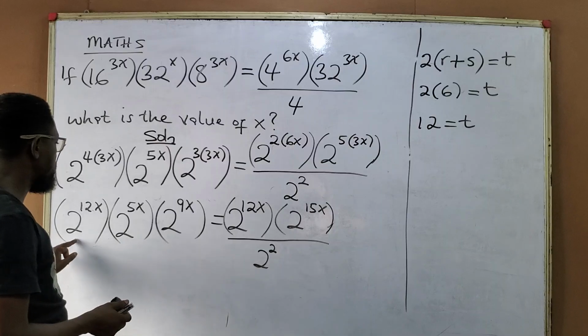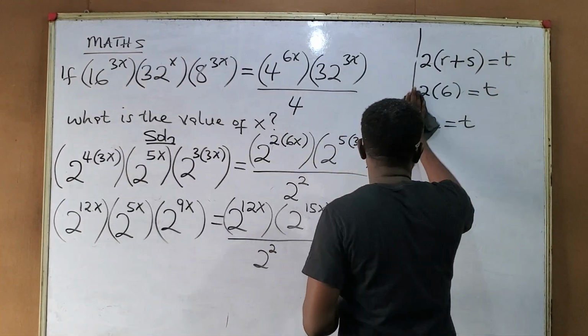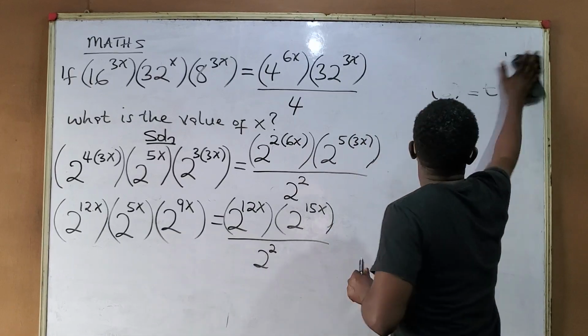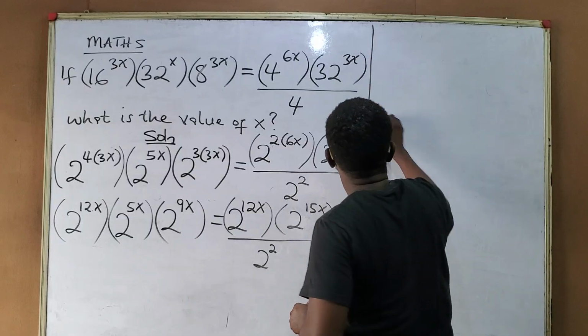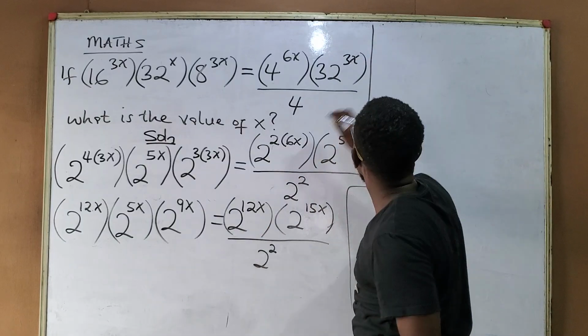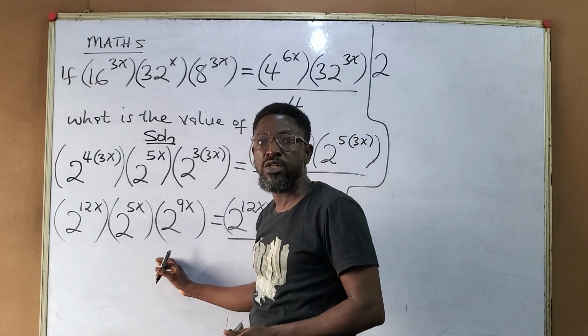So now, the base is 2, the base is 2, the base is 2. I'll take one of the base, which is 2. Then we add up the powers, because this one is multiplication.